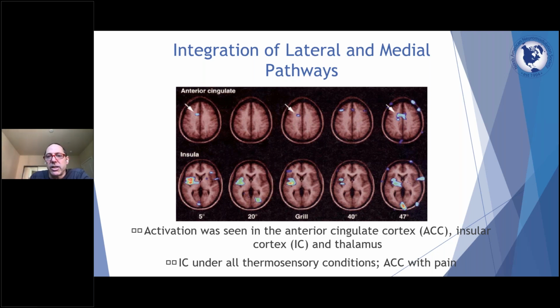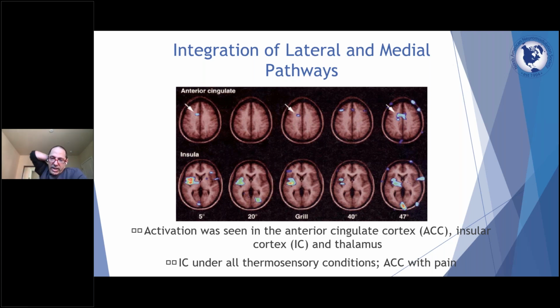And this was functional imaging of 5 different conditions: painful heat, which is 47 degrees centigrade, painful cold, which is 5 degrees centigrade, non-painful cool, non-painful warm at 20 and 40 degrees, and then the grill illusion, which is the combination of the 20 and 40 degree temperatures simultaneously.